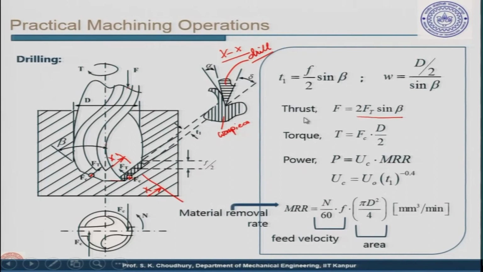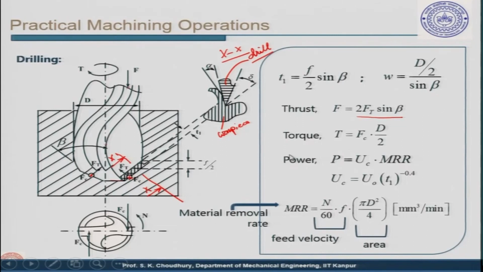Whereas, the total torque will be given by, this is the Fc, and this is how the Fc is working. So, this will actually move like this. If you see from this, the torque is given in this direction, and RPM n is in this direction, and in the opposite direction the Fc will be working, because this will be resisting the rotation.